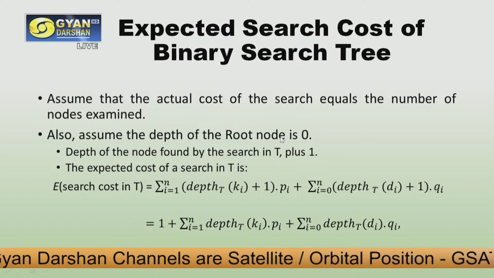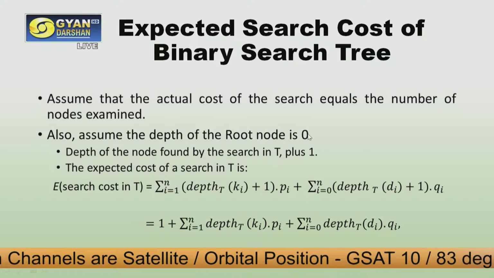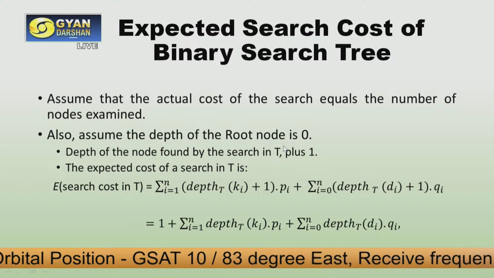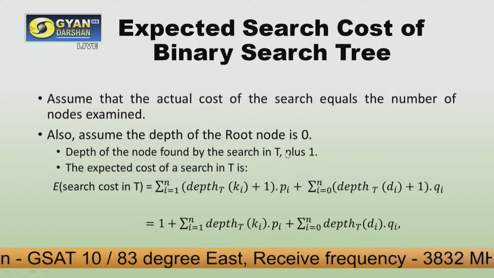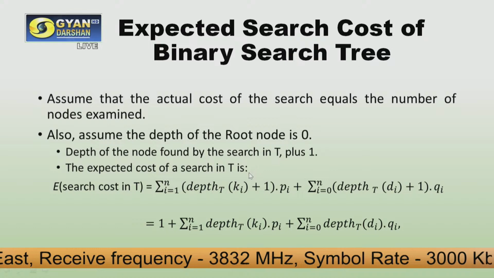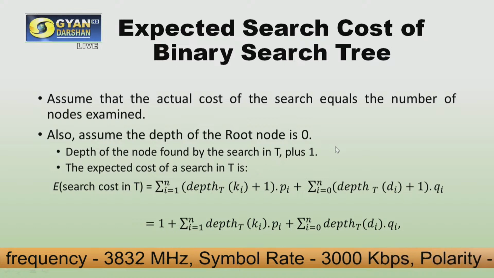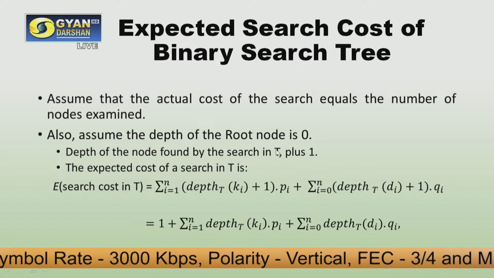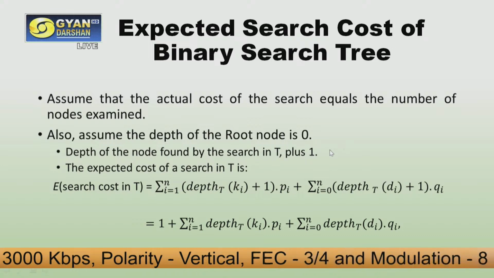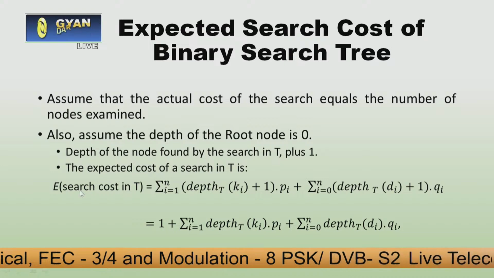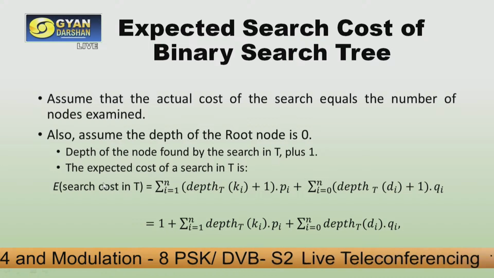If you are looking for the root node, how many searches have you made? 1. If you are looking for anything below that, at the next depth, that is level 1, then the number of searches will be 1 plus 1, 2. If you are going to the second level, the number of searches will be 3, like that. Okay, so this is the search cost we are assuming.